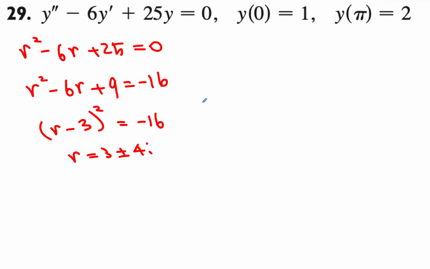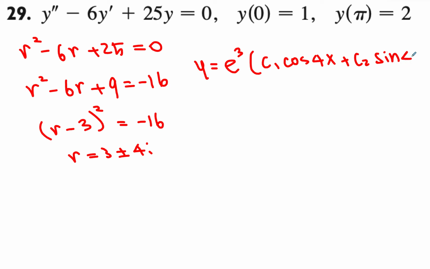What does that mean? It means y equals e to the 3x, which comes from the real part, times c sub 1 cosine of 4x, because of the 4 coefficient of i, plus c sub 2 sine of 4x. Now when I plug in 0, I should be able to get 1.